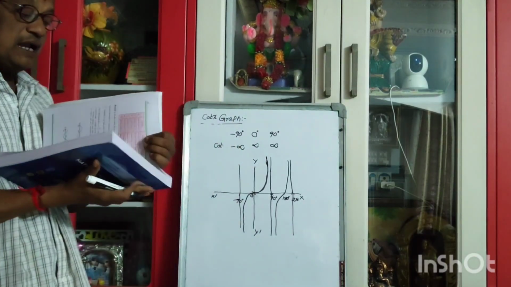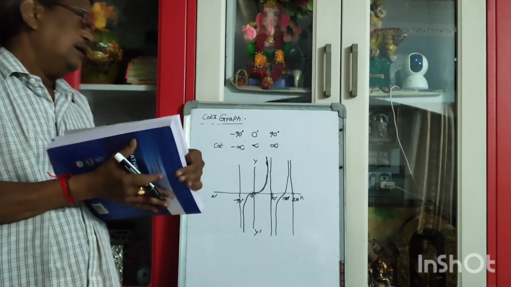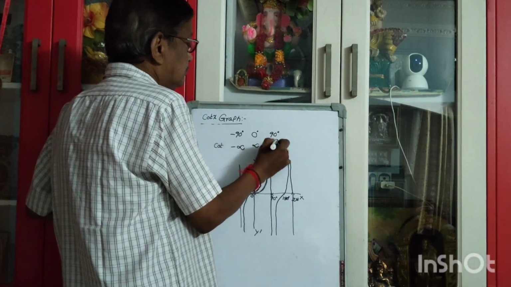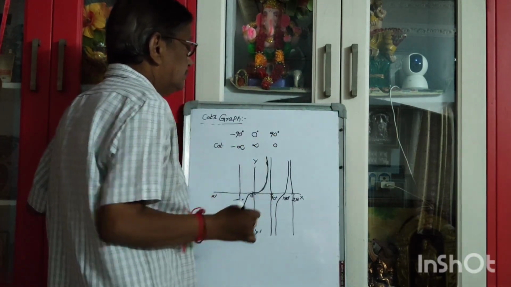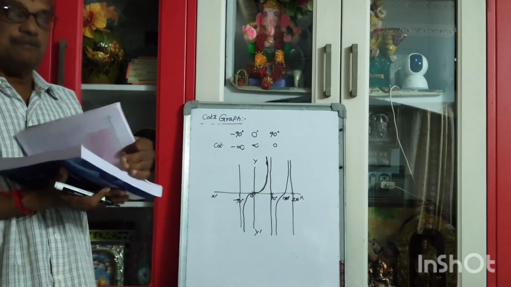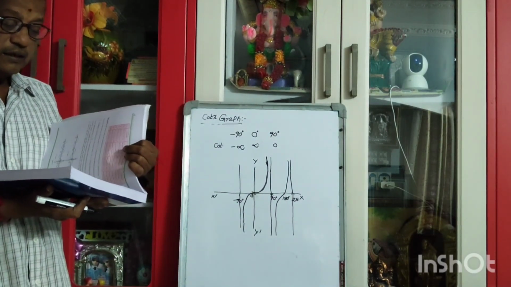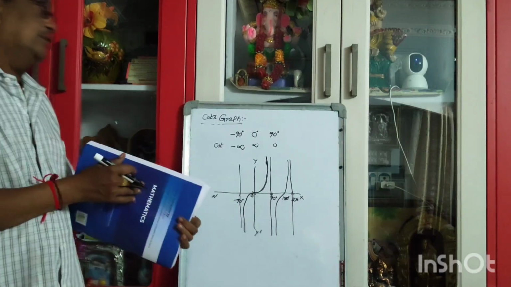Cot 0 value is infinity. Cot 90 degrees value is 0. Cot 180, how much?